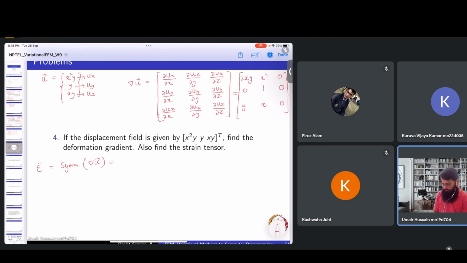Anyone, any guesses? So to get the symmetric component of any matrix, what we do is add the transpose of this and divide by 2.